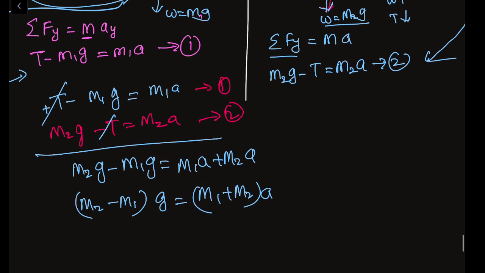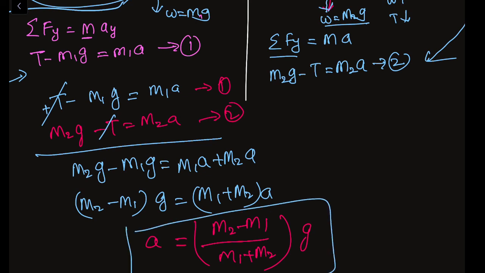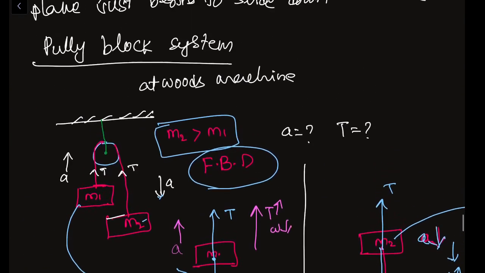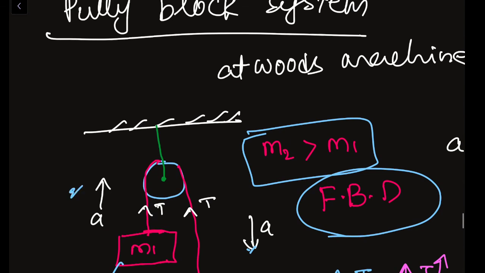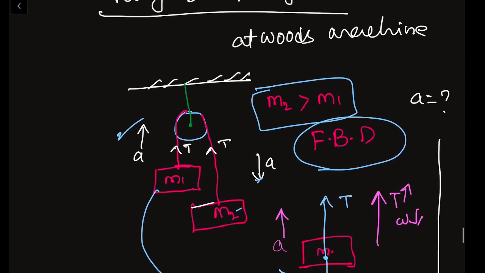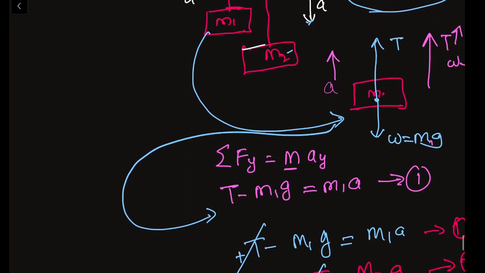So we write acceleration a is equal to (m2 minus m1) by (m1 plus m2) into g. Okay, got it, children? Here we need to find a, so then we can get the acceleration.